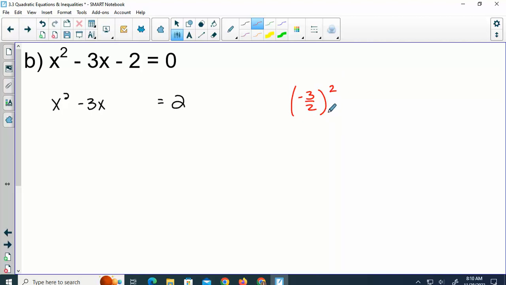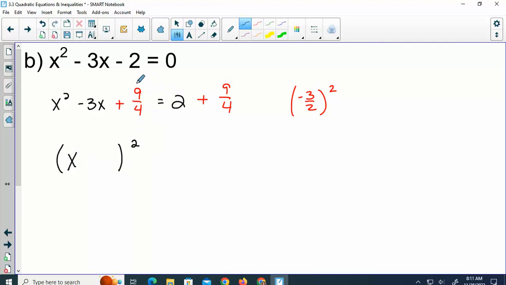Take negative 3 divided by 2 and square it. Okay. That doesn't reduce. Negative 3 squared is positive 9, 2 squared is 4, so that's 9 over 4. And it's an equation, so whatever you add to one side, you have to add to both. Okay. We have built a perfect square, so this should factor into something squared. Trying to figure out what it is.